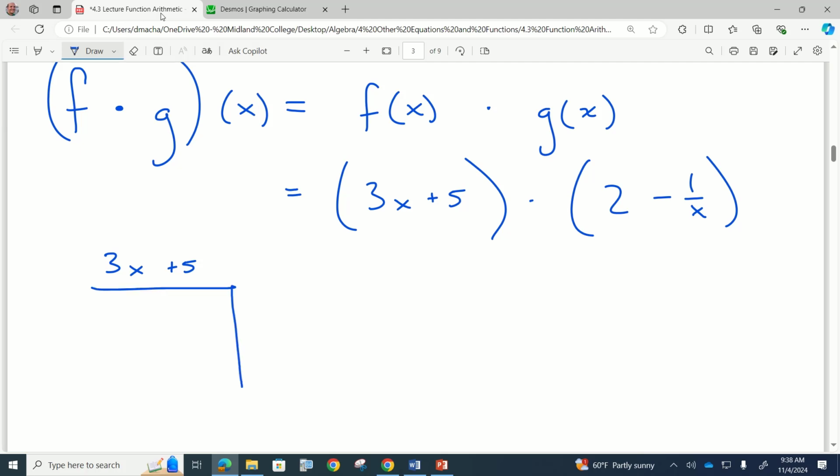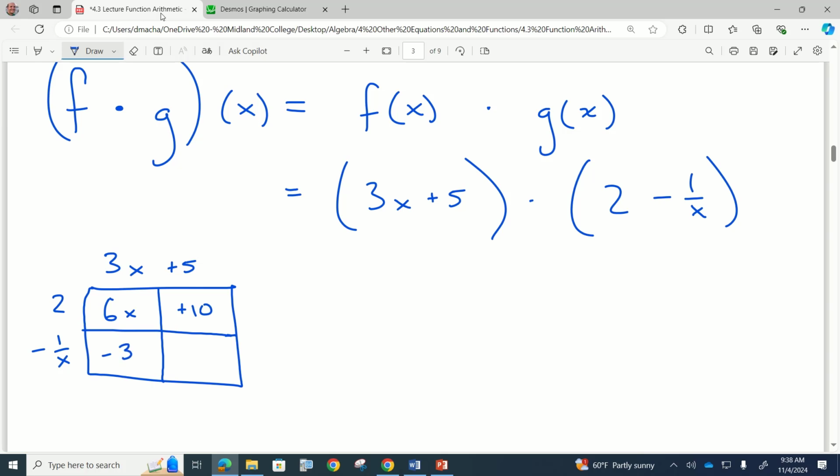And you know the way that I like to multiply whenever I have a factor with more than one term is I multiply like this. I say 2 times 3x is 6x. 5 times 2 is 10. 3x times negative 1 over x is negative 3. Yeah, because the x's cancel.